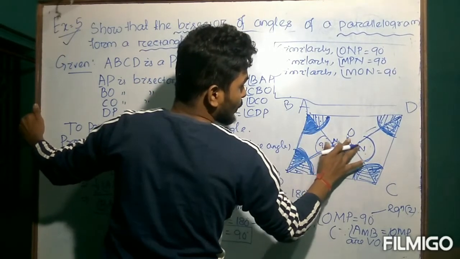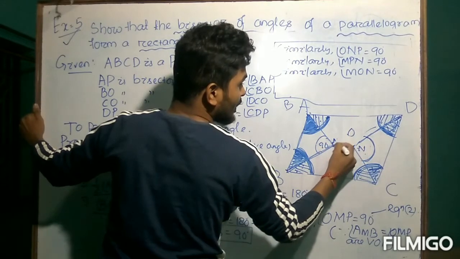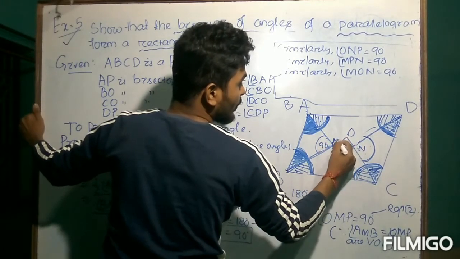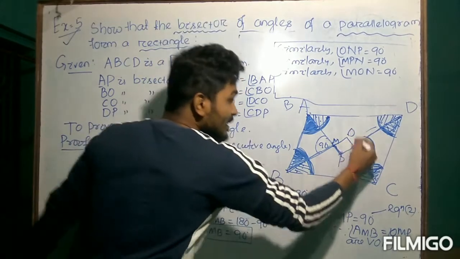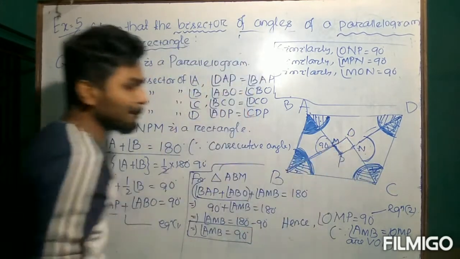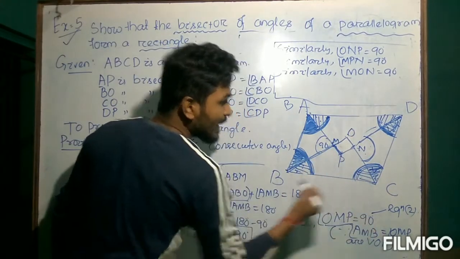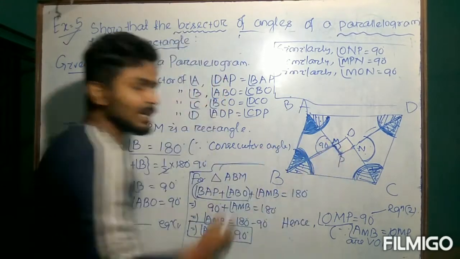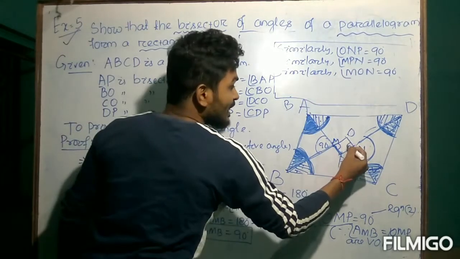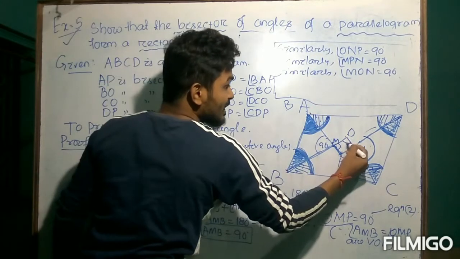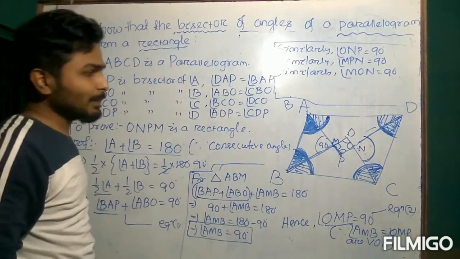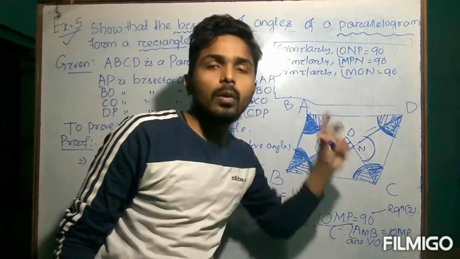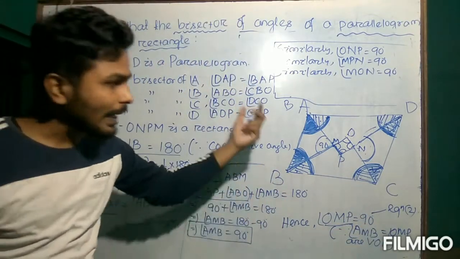Okay, so what we have found finally? So we have found that in this quadrilateral ONPM angle is 90 degrees. OMP means this angle is 90 degrees, this angle is 90 degrees, and this angle is 90 degrees. It means in this quadrilateral all the angles are equal to 90 degrees.